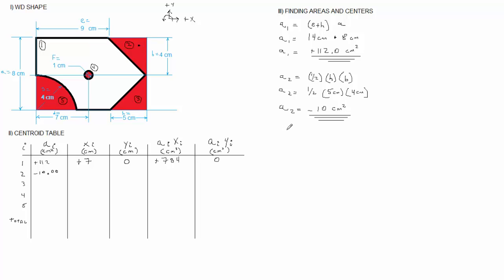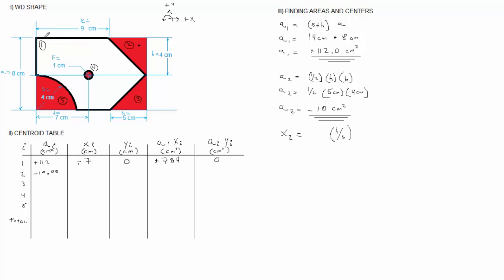So let's start with my x2, the horizontal center for shape 2. The horizontal center would be h divided by 3, which is 1/3 of the base. However, if we just said h over 3, that would actually be over here. And that's obviously not where the center of the shape is.